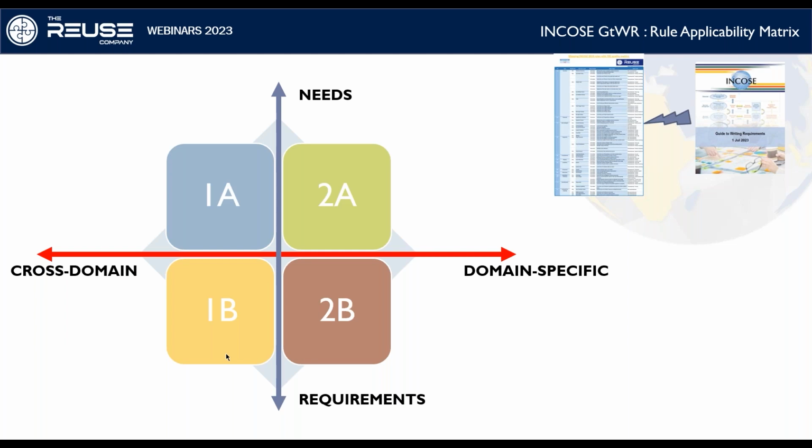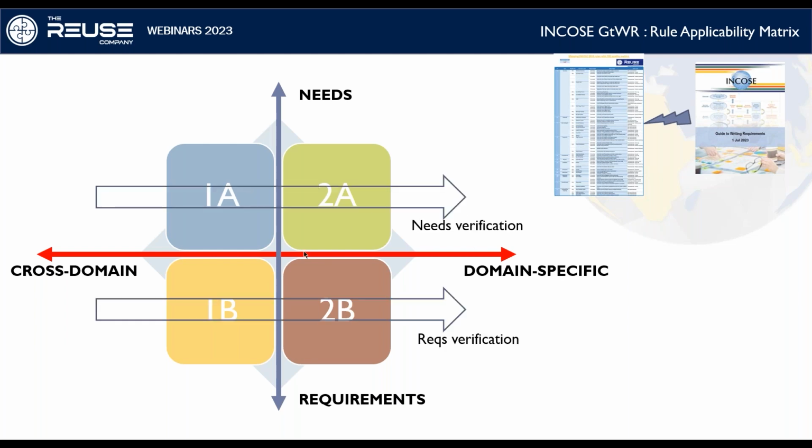Like a negative expression, the word that is considered a negative expression will not change from one organization to the other, as long as we keep the same language. Whereas domain-specific aspects like defining a proper subject or a proper acronym would require a project data dictionary, and that's why we have these two dimensions defined here. So we verify the needs on level A and the requirements on level B, and depending on the application of data dictionaries, 1B or 2B, 1A or 3A. So the details about this are described in the webinar that I referred to earlier.